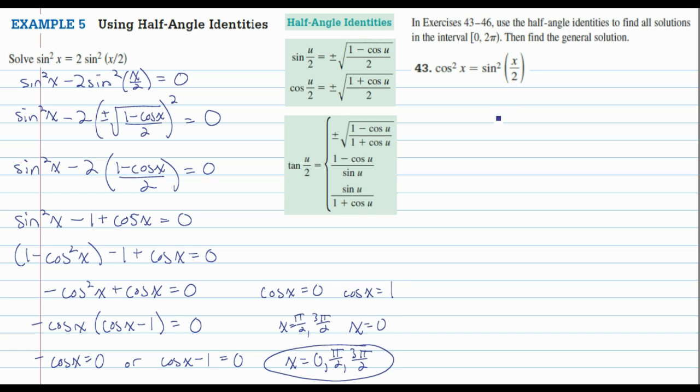Now try problem number 43. A very similar situation. On the left side I have cosine squared, on the right side I have sine squared of a half angle. So I'm going to first set the equation equal to 0 by subtracting sine squared of x over 2 from both sides. Now I have a square of a half angle.